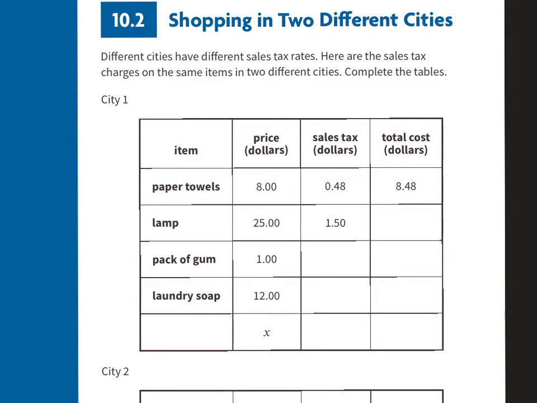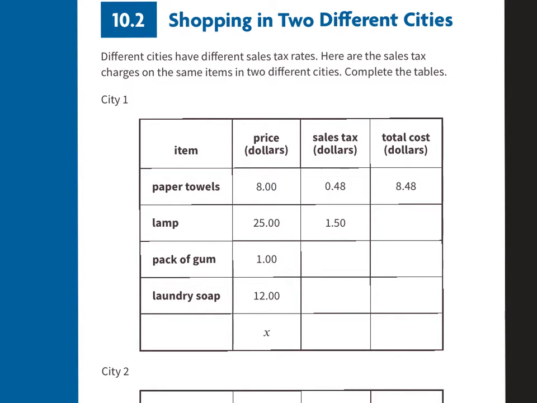Complete the tables. So they give us the price, and they give us the tax, and they give us the total cost. They don't give us the percentage, so that's what we have to figure out. To figure out your percentage, you take the sales tax and divide it by the price.